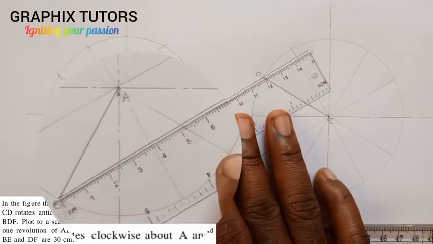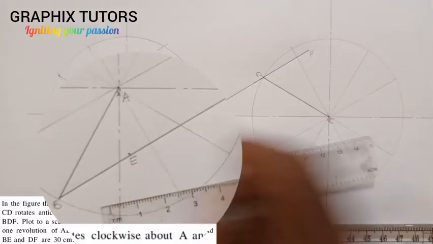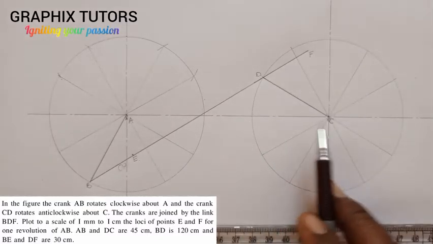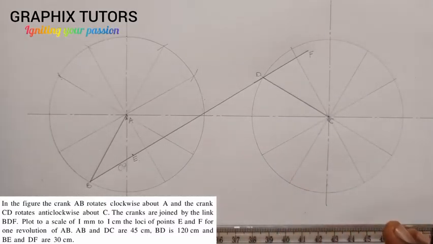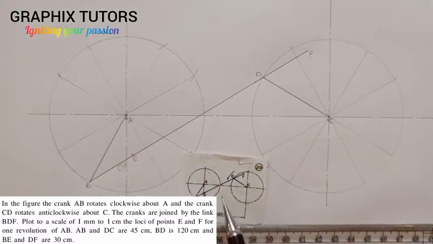From 0 to 3 is 30. That will give us our point E. So these are the points that we want to look for their locus, point E and F. We've successfully replicated this diagram here.